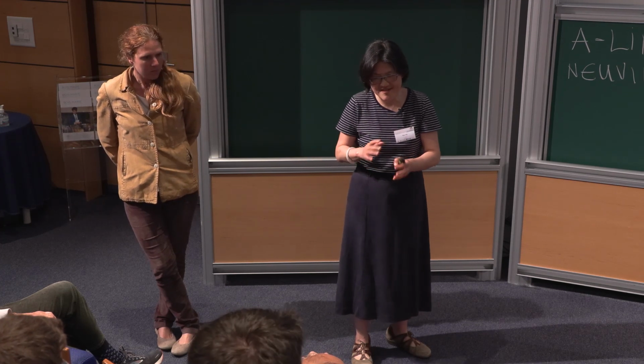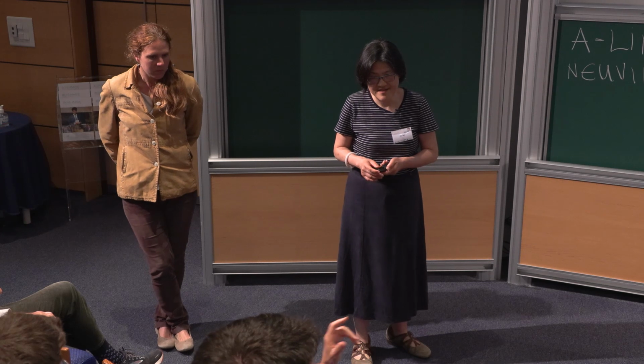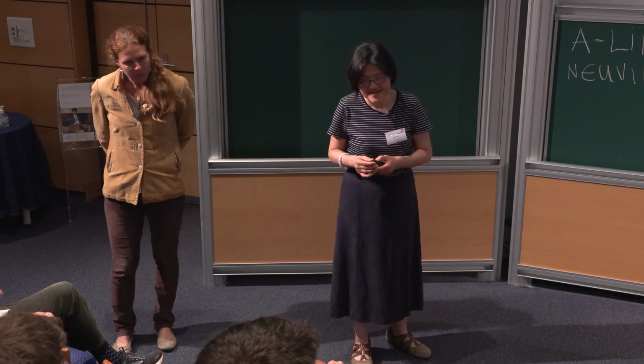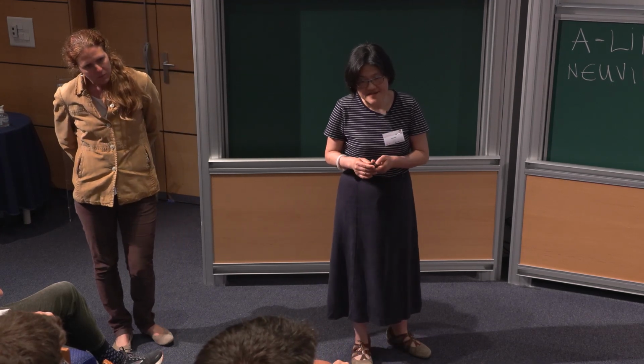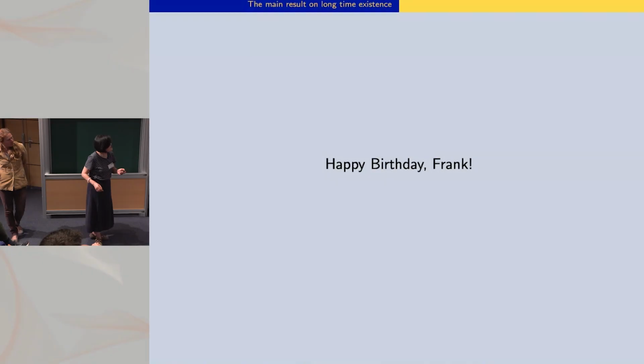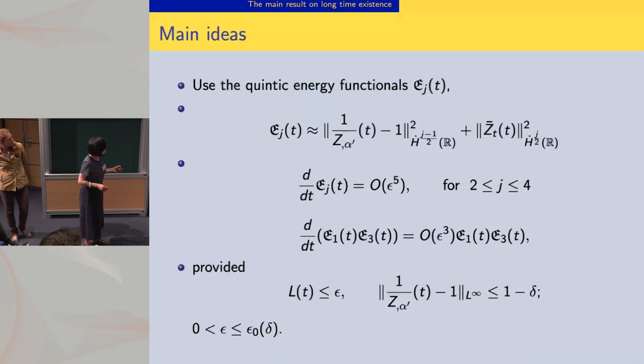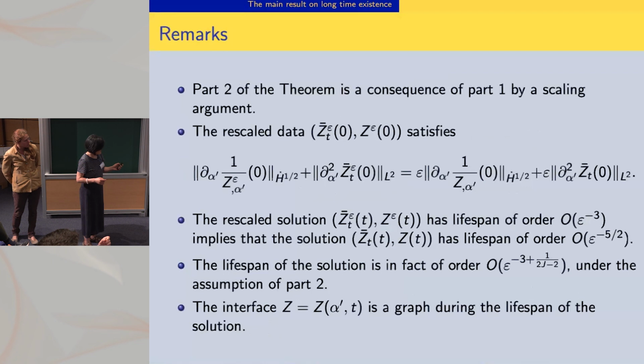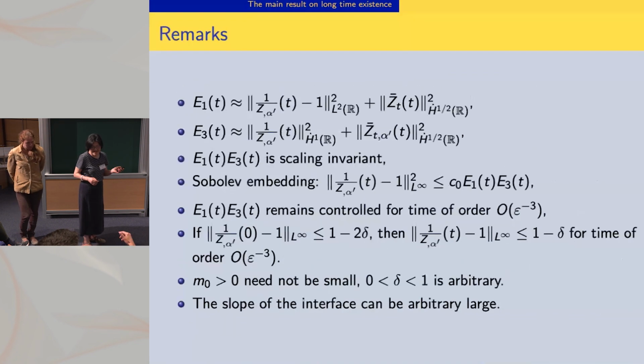The other question I had is with this E1, E3, the product of energies. Can you say a few words about why you are using this product of energies? Which have different scalings, I presume. But the product is scale invariant. Yes. Each one has different scales, and the product is scale invariant.